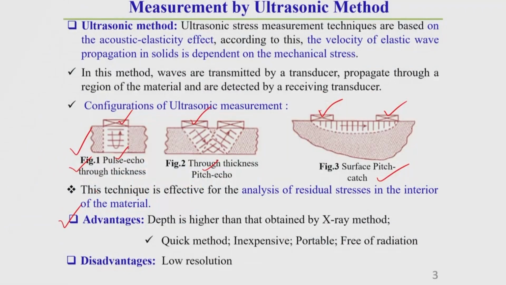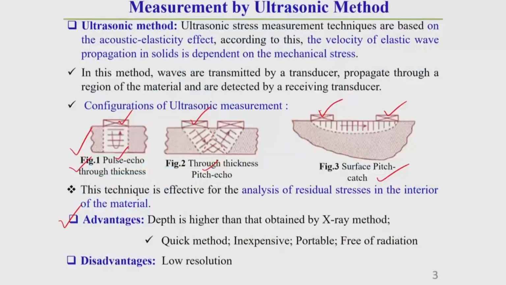It has a lot of advantages. By this method we can measure the residual stress distribution through thickness. That means the depth of measurement we can achieve cannot be achieved by X-ray diffraction techniques, which is another important residual stress measurement technique. So, the depth of measurement is generally higher than that of the X-ray method.